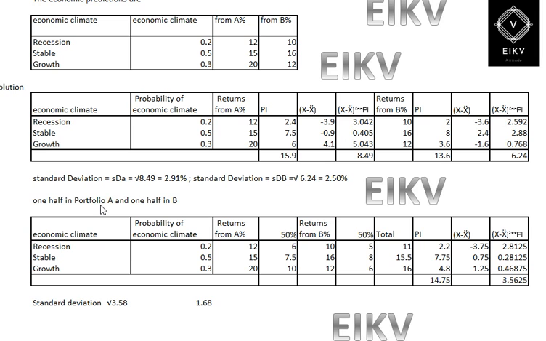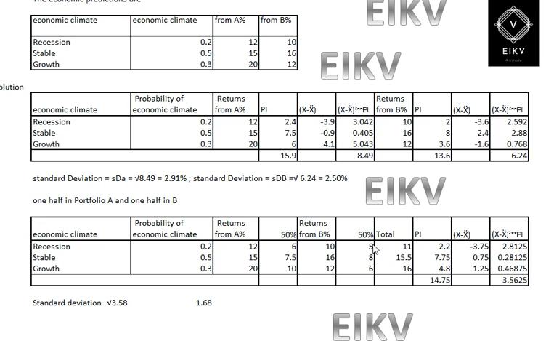Now we compute the risk and return if the portfolio of A and B are combined together, that is, half of A and half of B. For that I have made a table with the probability, the return of A and the return of B. First we need to compute the 50% of return: 12 into 0.5 will give you 6, 15 into 0.5 will give you 7.5, and 20 into 0.5 will give you 10.